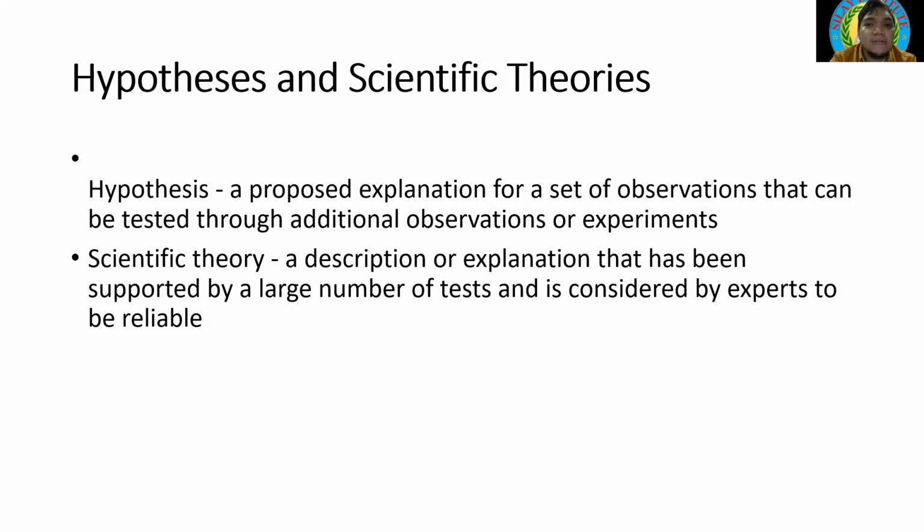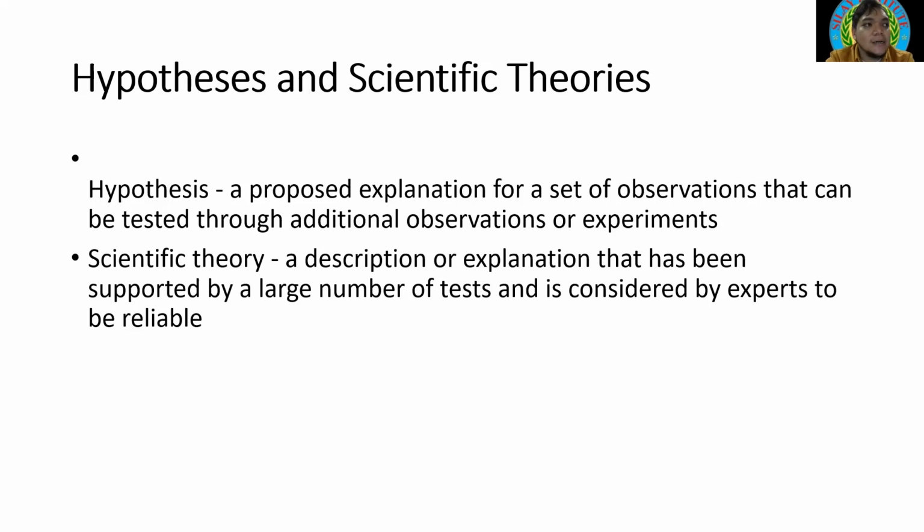A theory is already considered a major study that is already proven by a lot of studies or a series of experiments. And theories are already reliable, unlike a hypothesis that is not yet proven to be reliable.